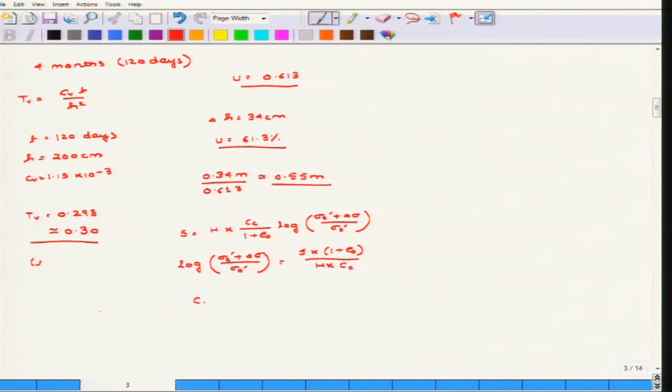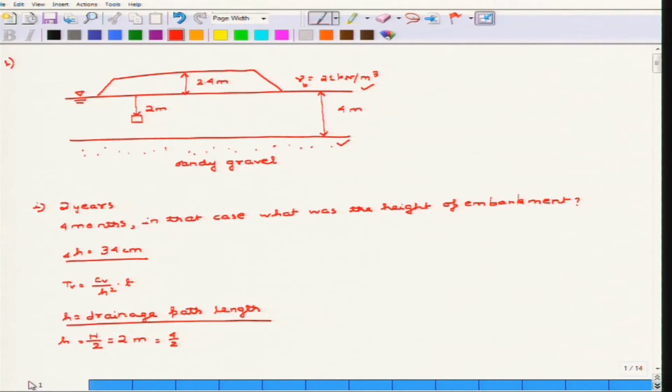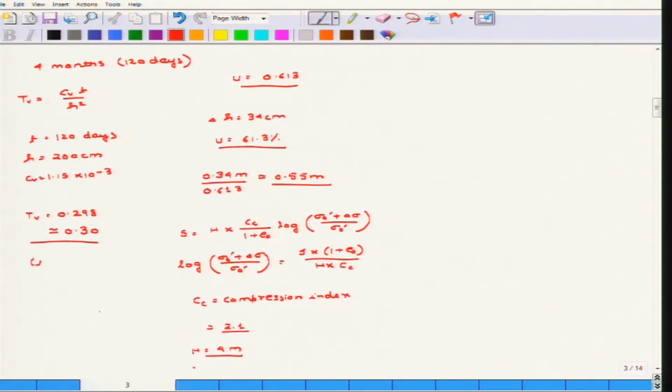Now, we have already found out the value of the compression index, Cc, in our previous lecture. It was found to be equivalent to 2.1. H, as we all know, is 4 meter, because the total thickness of the clay layer is 4 meter, and e naught, that also we said in the previous lecture, was found to be equivalent to 1.86.